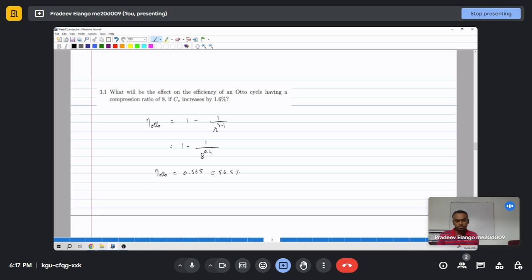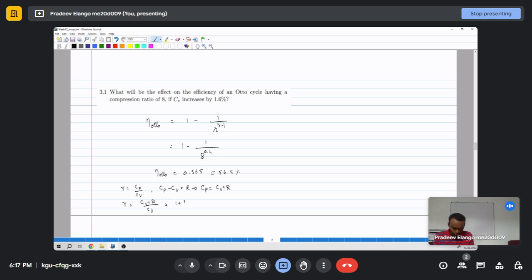Now we need to express gamma in terms of Cv so that we can say delta Cv is 1.6%. We know gamma is equal to Cp by Cv, and we know Cp minus Cv is equal to R. So Cp is equal to Cv plus R. Substituting this here, we will have Cv plus R by Cv.